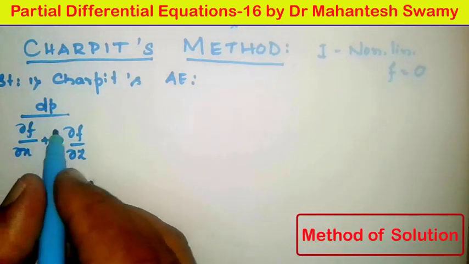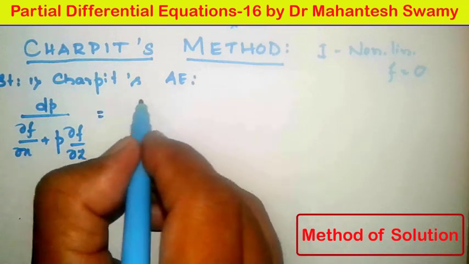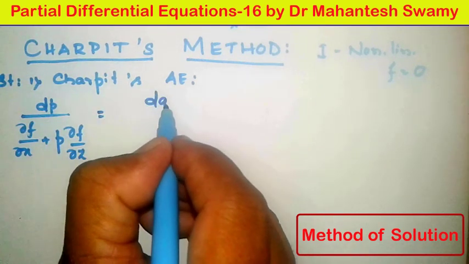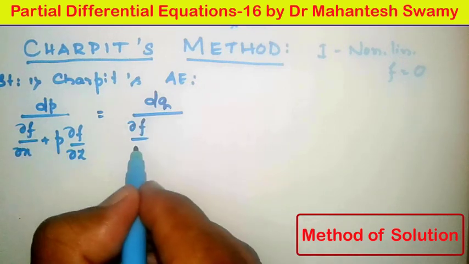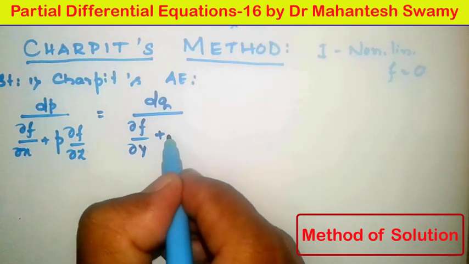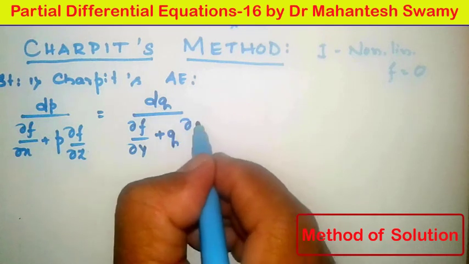So this is the first one, first member, that is equal to dq divided by ∂f/∂y. By looking at this, we can now write down ∂f/∂y plus q into, it is again ∂f/∂z.